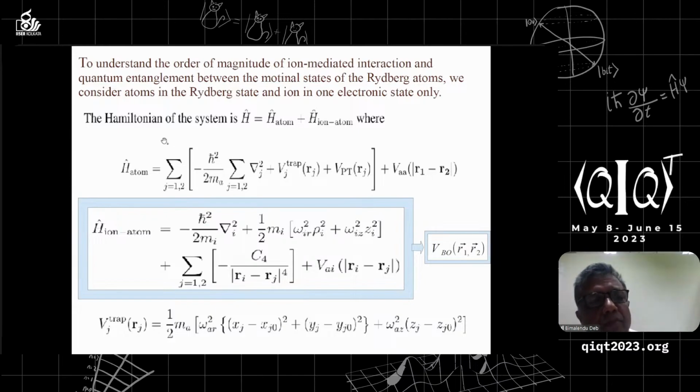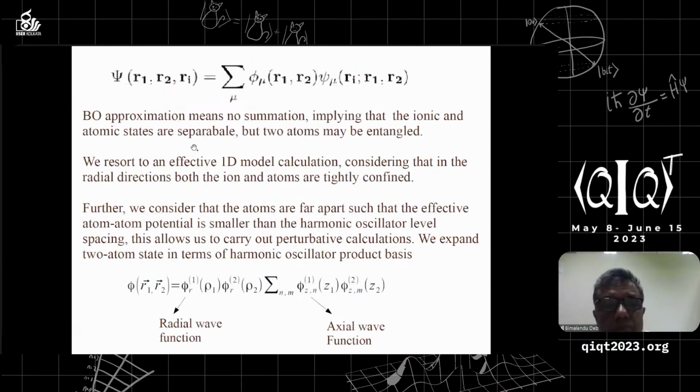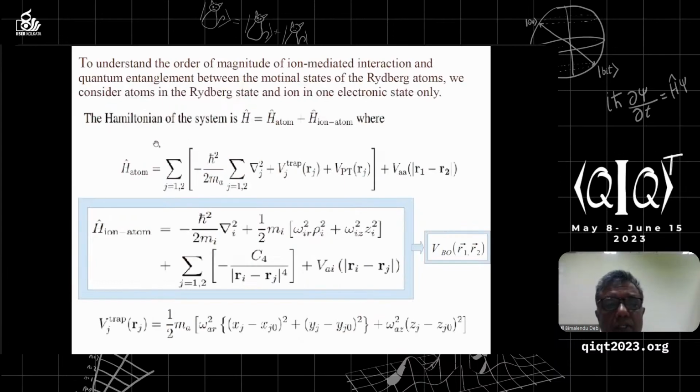states of the atoms. So the Hamiltonian has this atomic Hamiltonian, and we have this ion-atom Hamiltonian. This atomic Hamiltonian is for two atoms, atom 1 and 2. This is the kinetic part. Then we have this individual trap potential, and then PT stands for Paul trap.